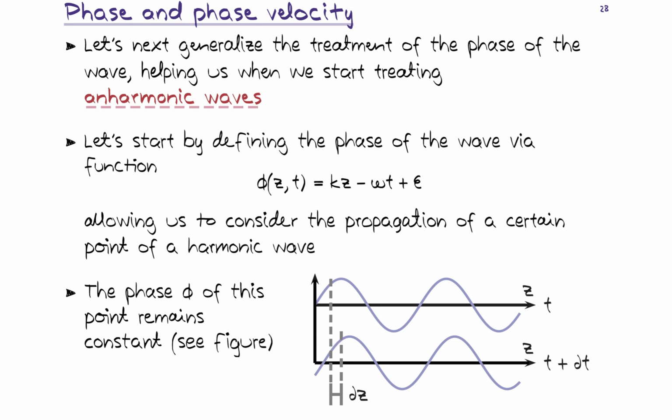And this is quite nice, because then we can just find out where the change of our phase function is 0, and using that we can see how things progress, how the wave evolves.